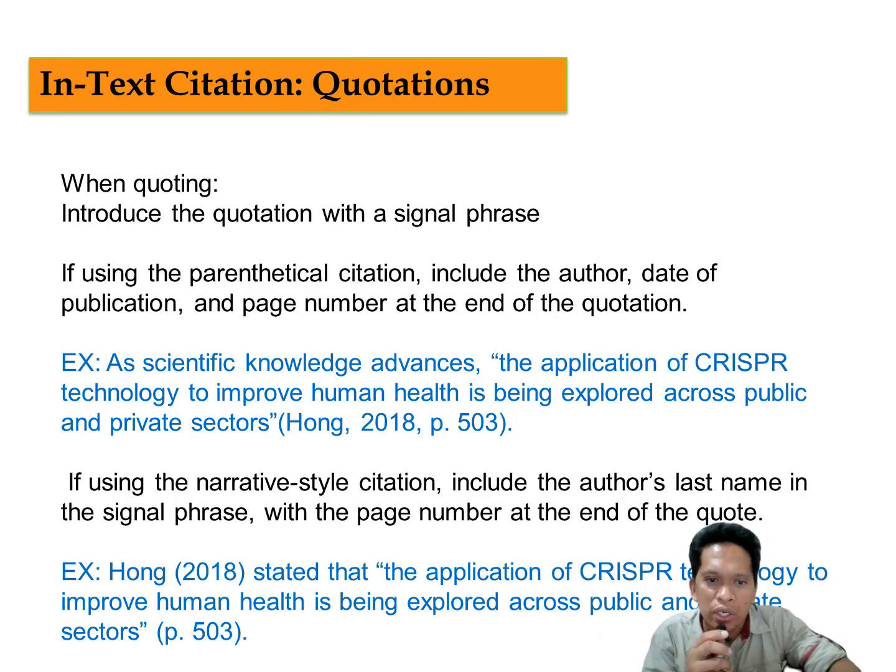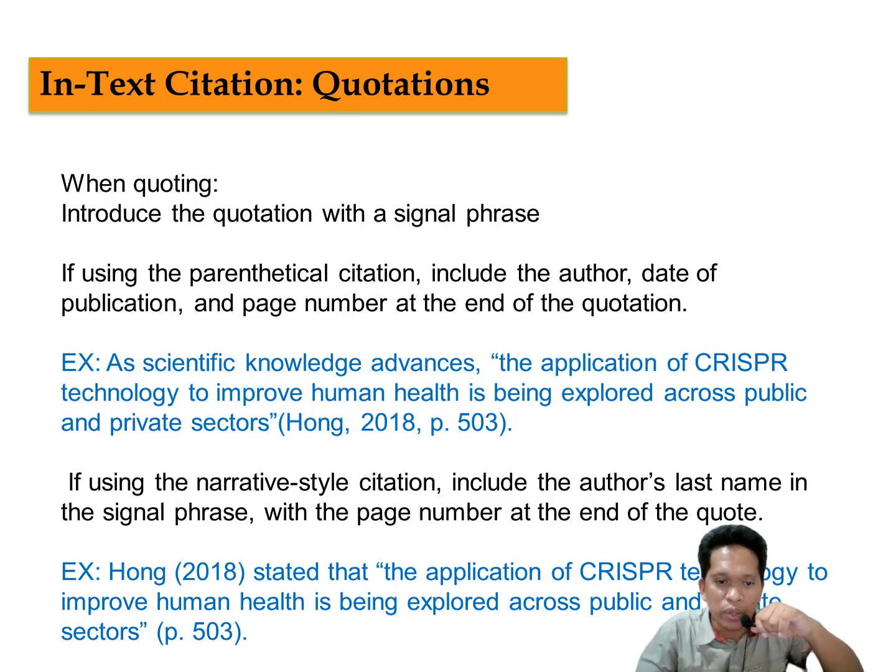So if using the parenthetical citation, include the author, date of the publication and page number at the end of the quotation. So after you make the end quotation mark, parenthesis, and inside the parenthesis, last name, comma, year of publication, comma, letter p, period, and the page number of the source.